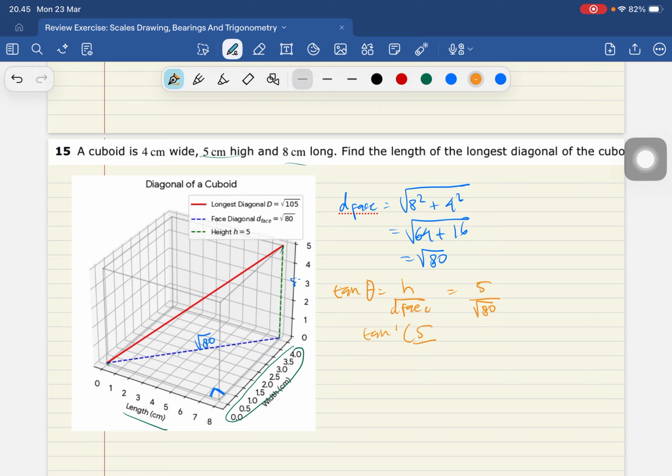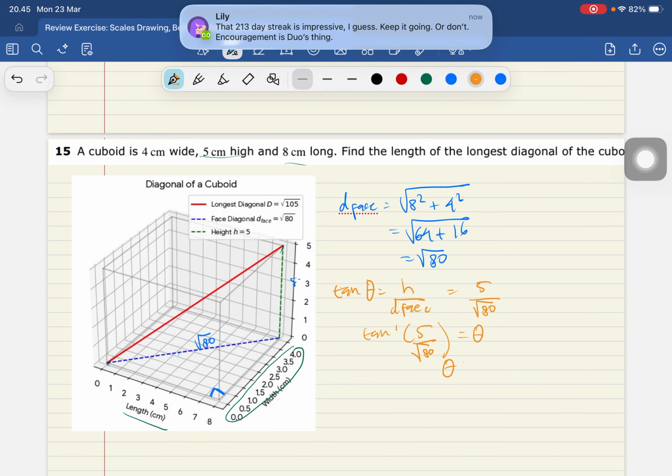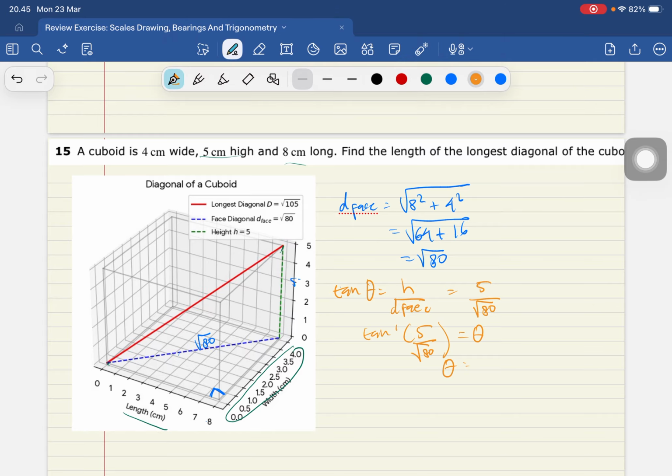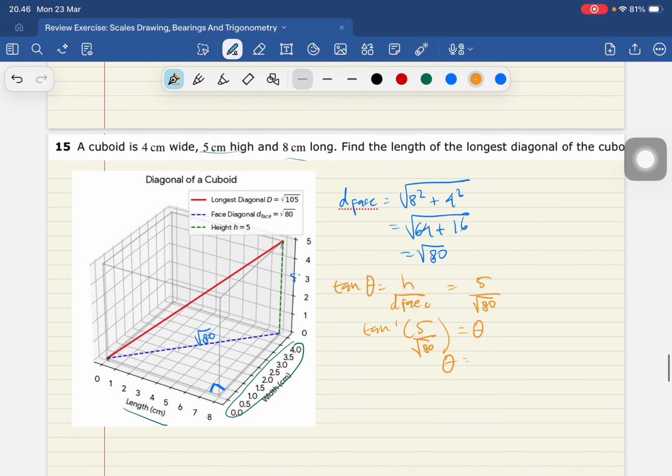Inverse tan of 5 divided by square root of 80 equals theta. So theta, we will get it. Use a calculator. So the angle is 29.2 degrees. Here, this angle.